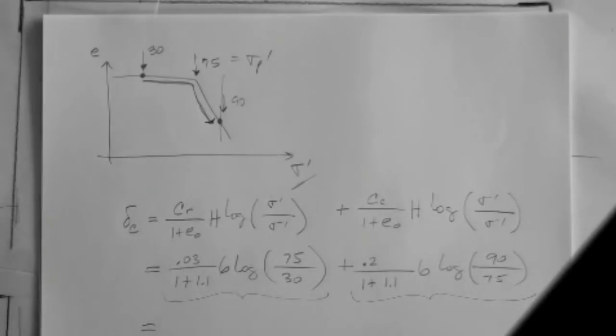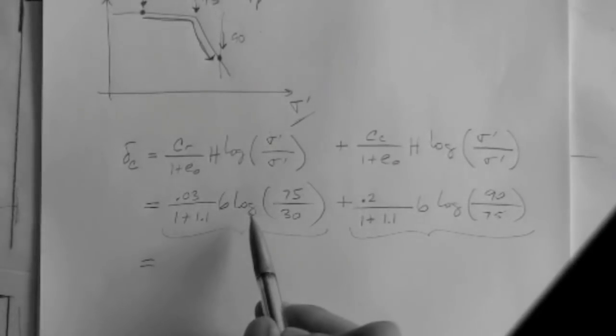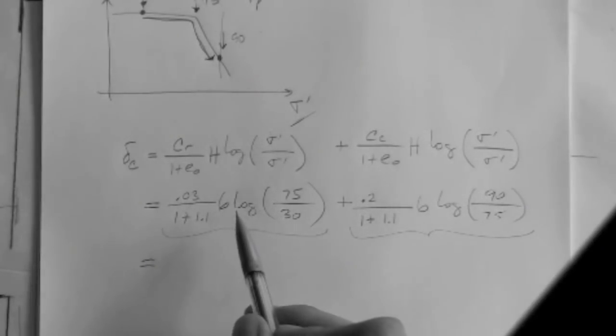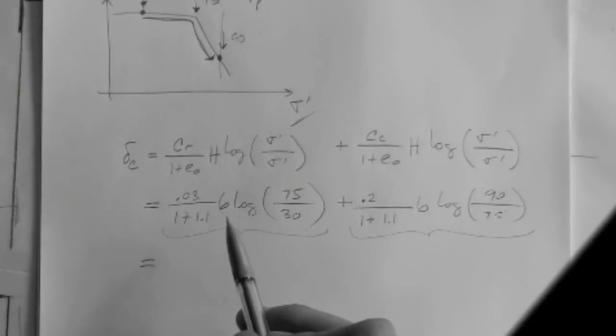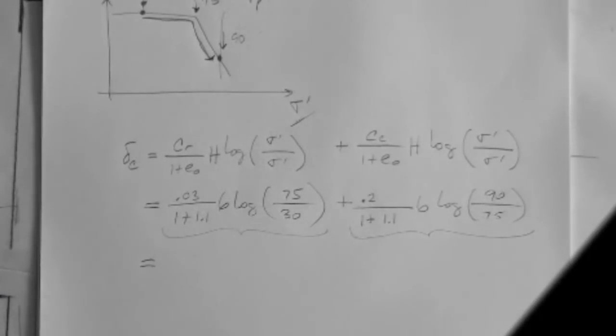Please realize that this is a log base 10. It's not a natural log. It's not ln, it's log. So use it accordingly. So what is the value? Well, hold on one second, let me calculate it.